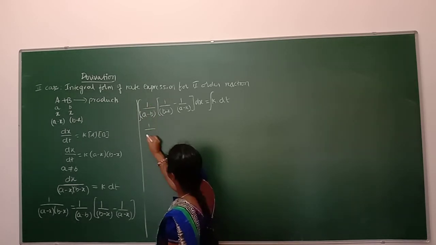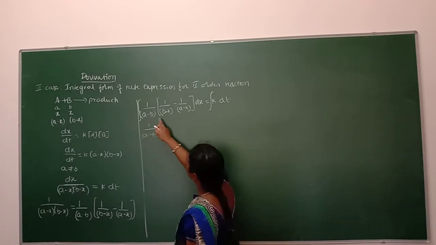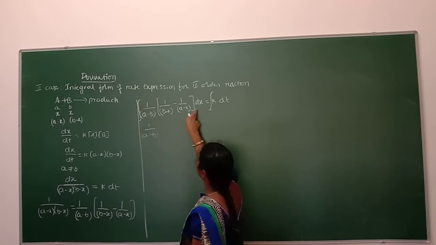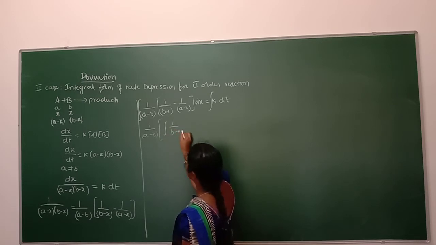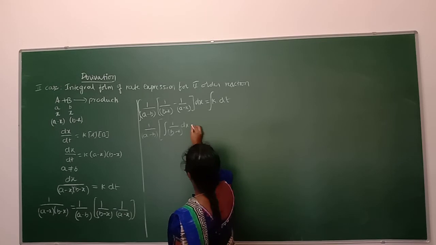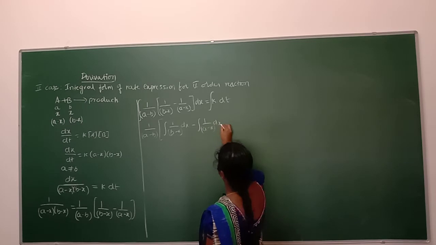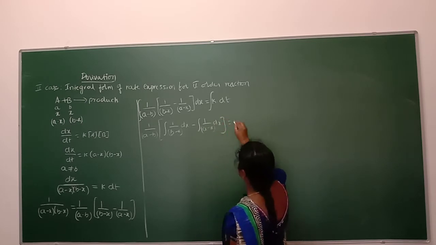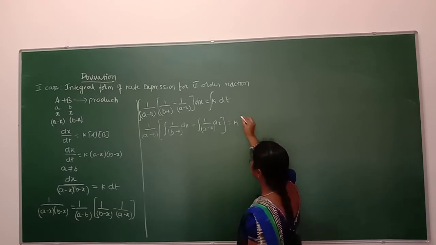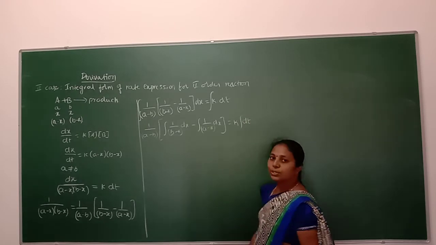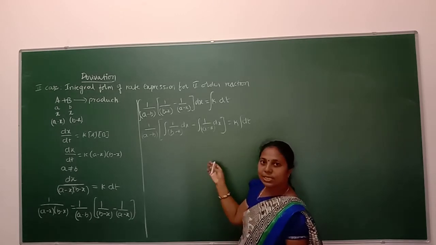We take this ratio out of the integration and split the integration of these two terms with respect to x: integration of 1 divided by (b minus x) with respect to x minus integration of 1 divided by (a minus x) with respect to x is equal to k, which is a constant and is taken out of the integration, into integration of dt.